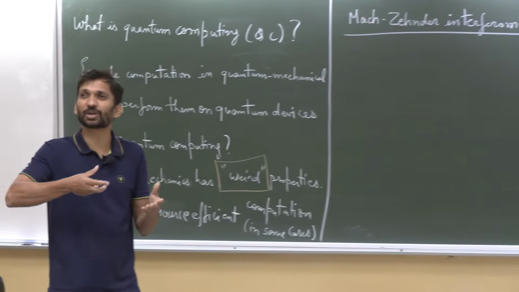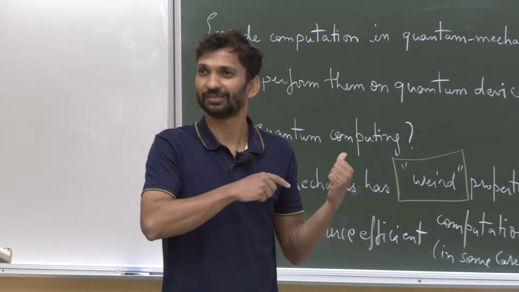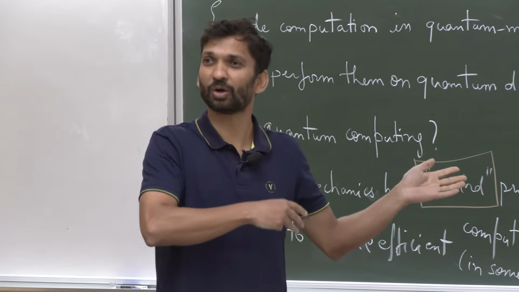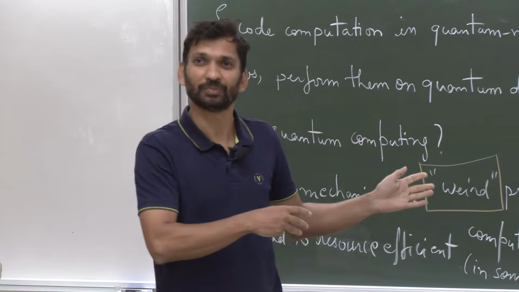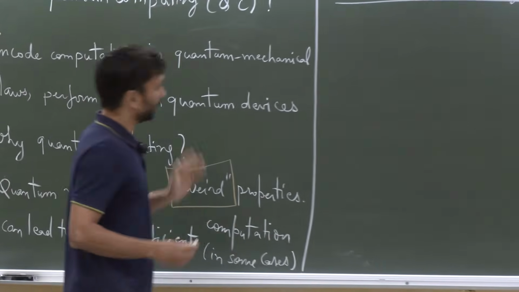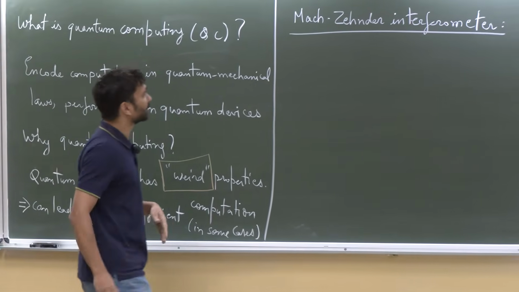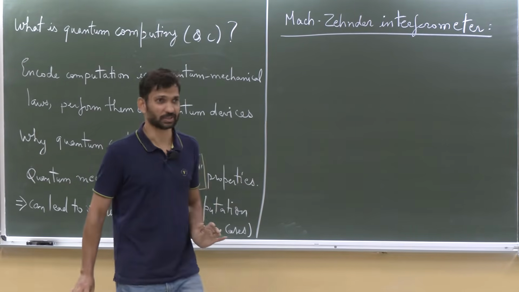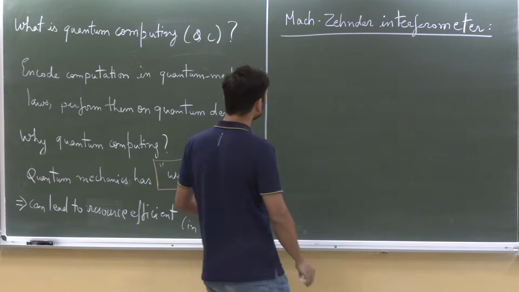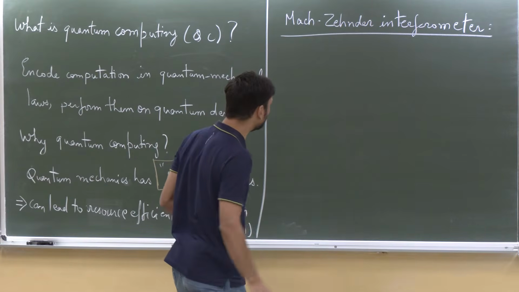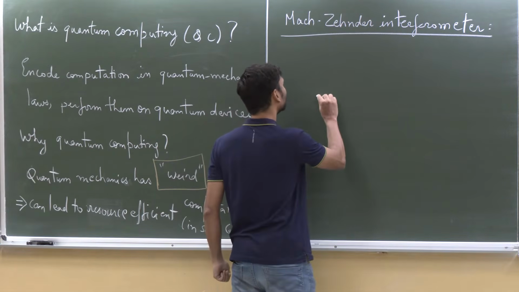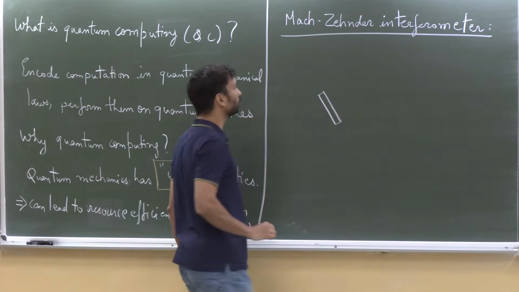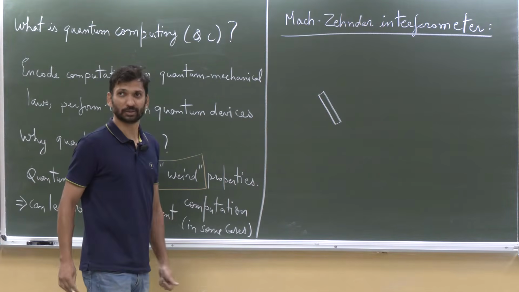Because if your physics glasses are on, this will not seem weird. You have been taught enough to not feel that this is weird. Okay? Great. We are all classical people, and let's see why we are in the 1900s and why we should be surprised. Okay. So for this Mach-Zehnder interferometer, the first thing is what we call a beam splitter.